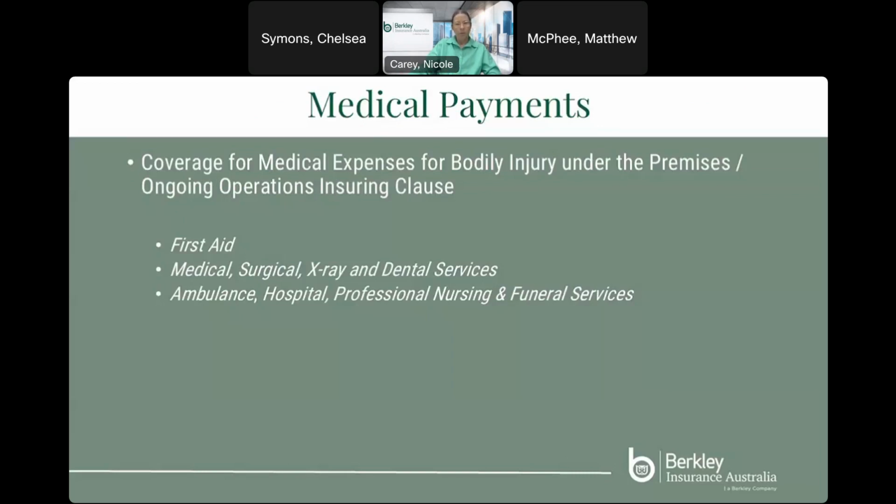So this just confirms that first aid costs will be covered, medical and dental services, and any ambulance, hospital, or nursing or funeral services would be covered under this clause if so required to be paid.